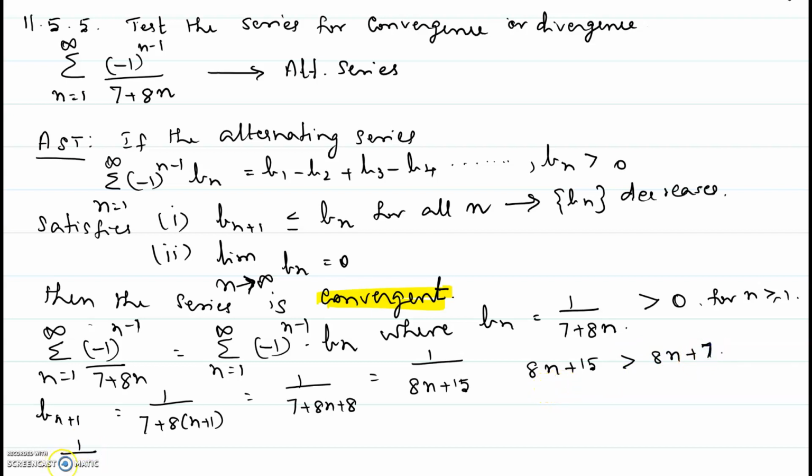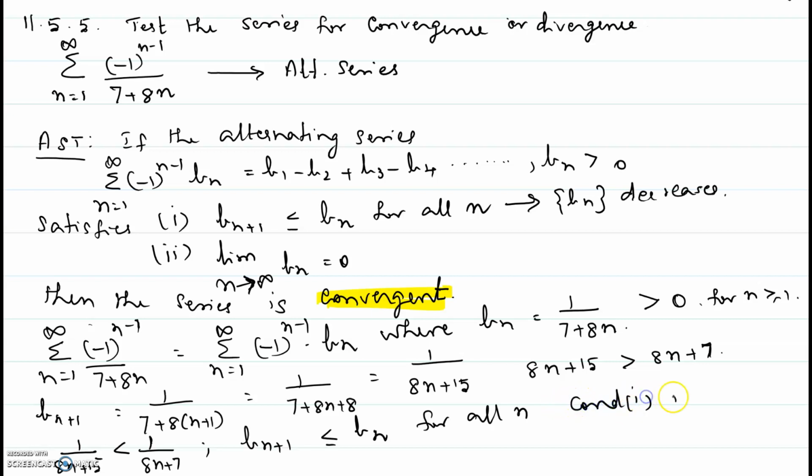If you take the reciprocal, the inequality gets reversed. 1 over 8n plus 15 is less than 1 over 8n plus 7. So this is the term corresponding to n plus 1, and this is the term bn. So bn plus 1 is less than or equal to bn for all n. So this is hypothesis 1, and condition 1 is satisfied.